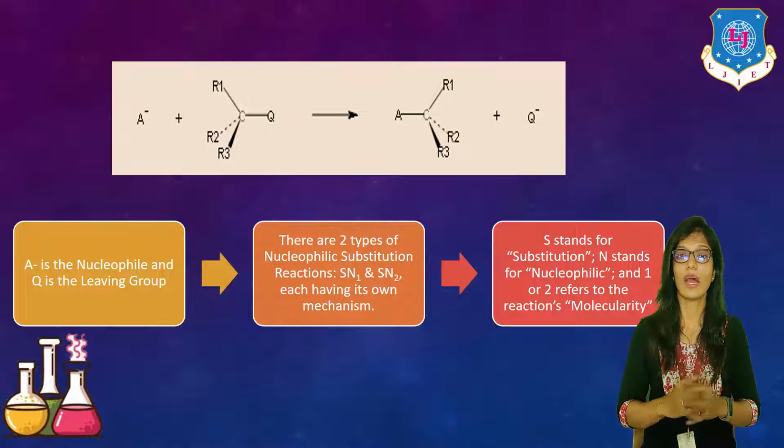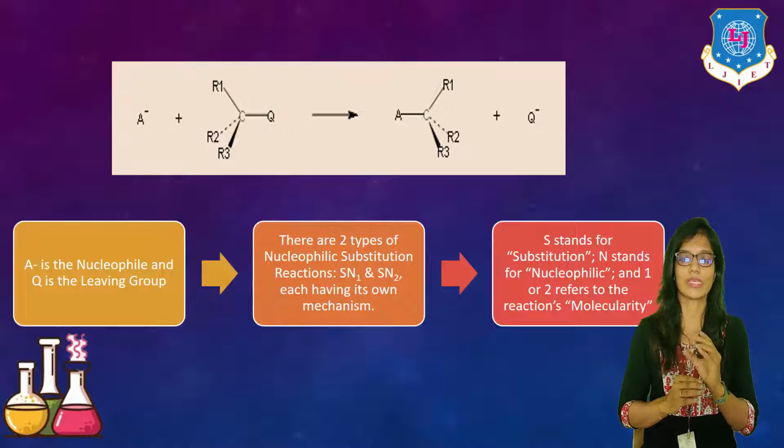Let's see how it goes. A minus is the nucleophile. A minus will attack our compound, which is CR1, R2, R3 containing Q. That compound is attacked by the nucleophile, and Q leaves the compound and becomes Q minus, while A, our nucleophile, attaches to the main compound.